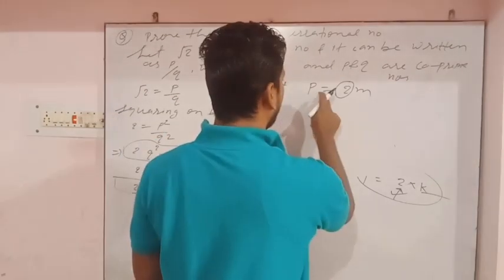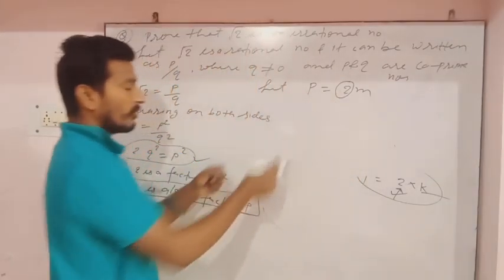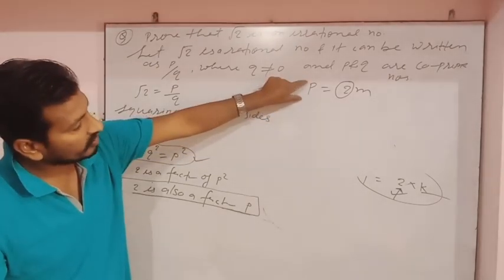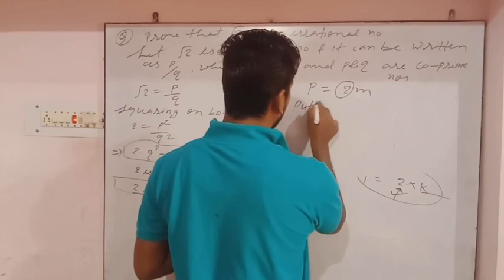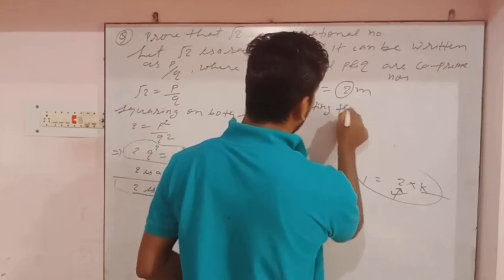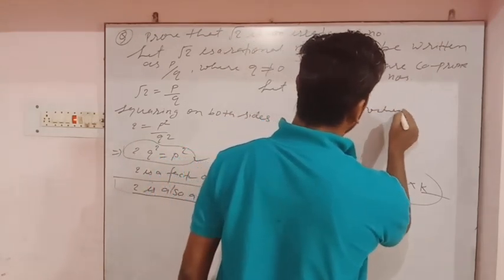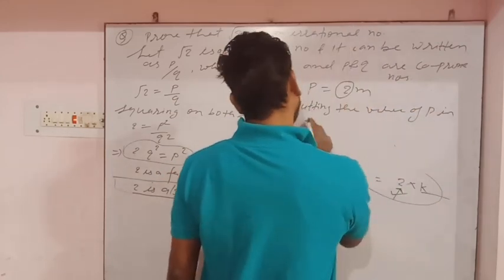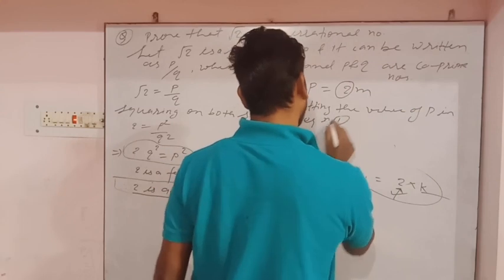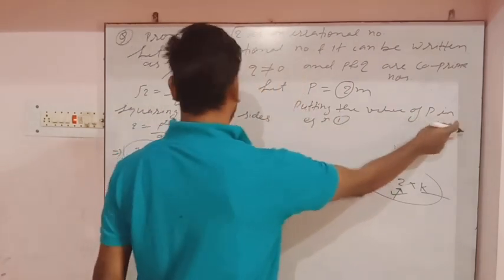So now let p is equal to 2m, and we put this value in equation 1. So putting the value of p in equation 1.